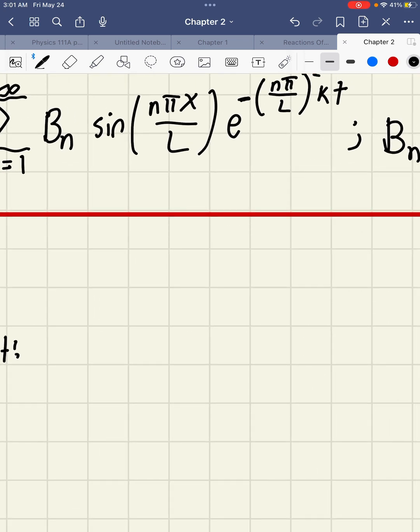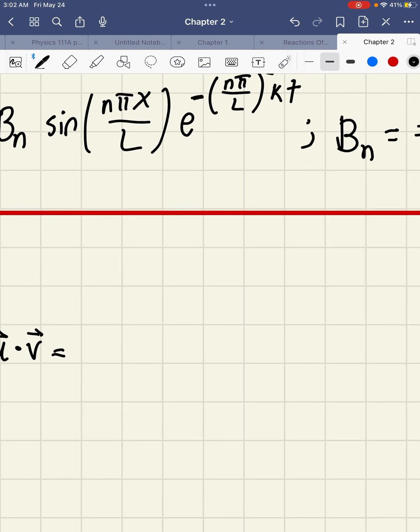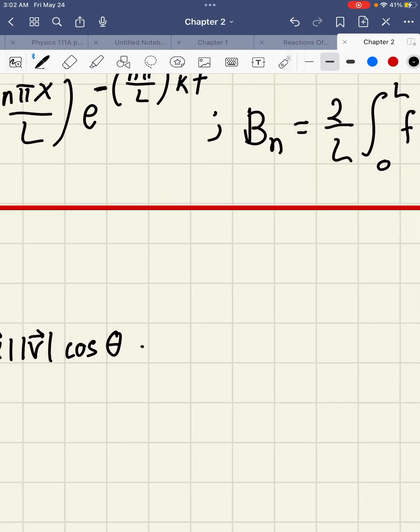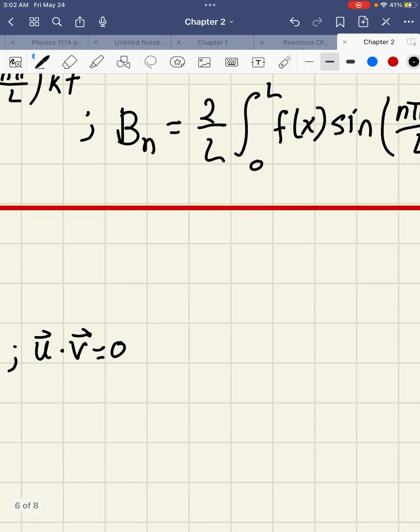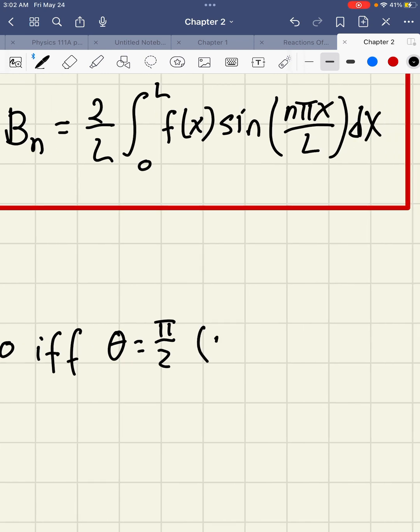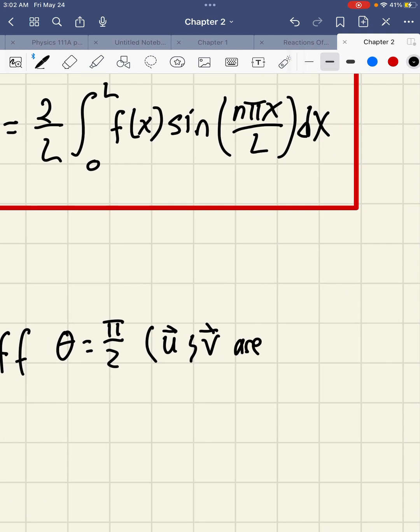The dot product of any two vectors is equal to the scalar product of their magnitudes times the cosine of the angle between them. The dot product is equal to 0 if and only if theta is equal to pi over 2, meaning u vector and v vector are orthogonal.